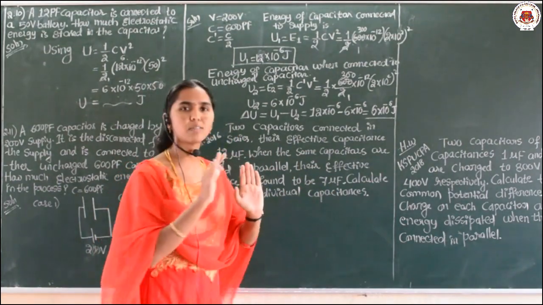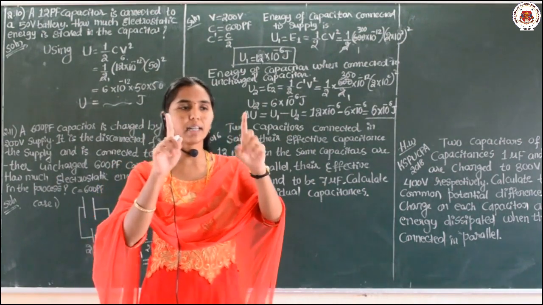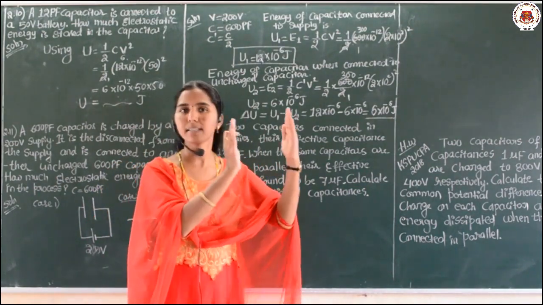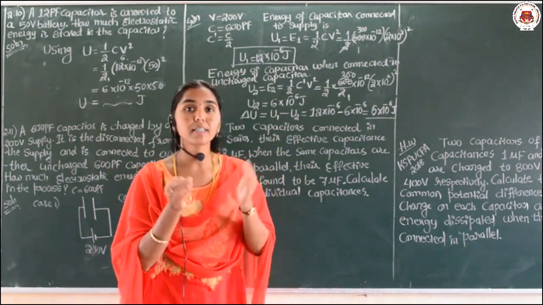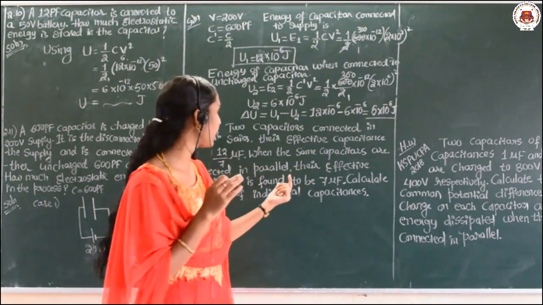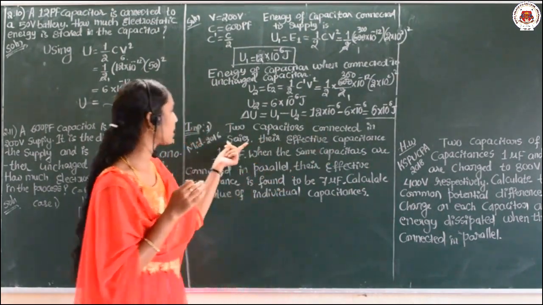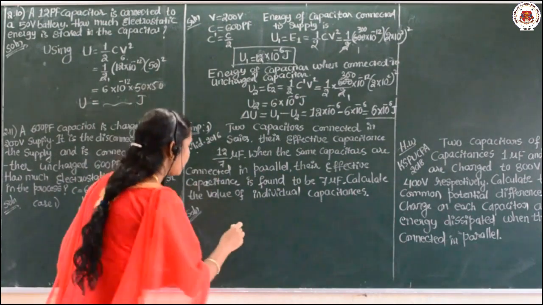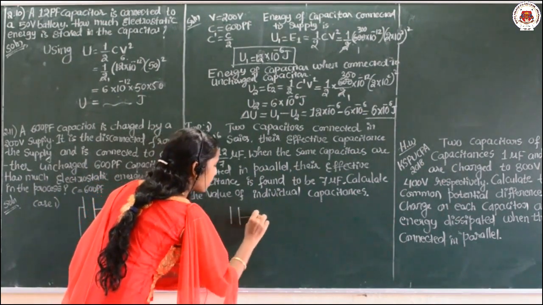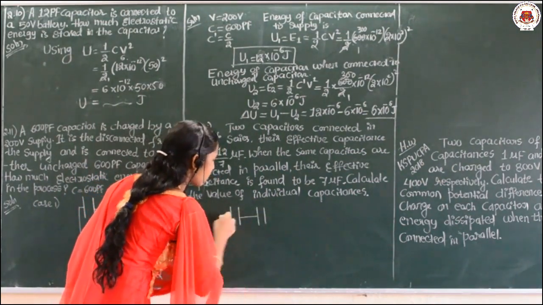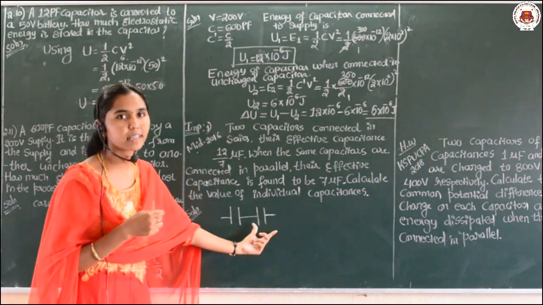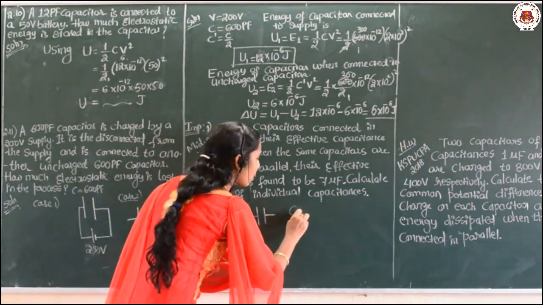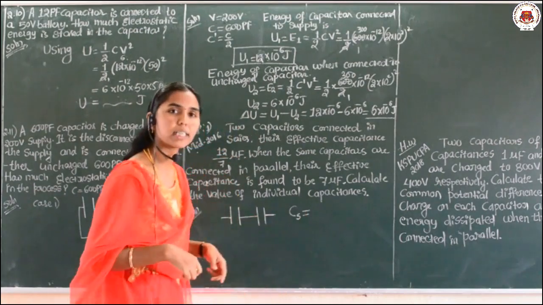The question says very clear. First, there are 2 capacitors C1 and C2. The same capacitors, first they are connected in which combination? Series combination. You can see here series. Then diagrammatic representation I can write like this. These capacitors are connected in series. So we know the effective capacitance formula, what is that?